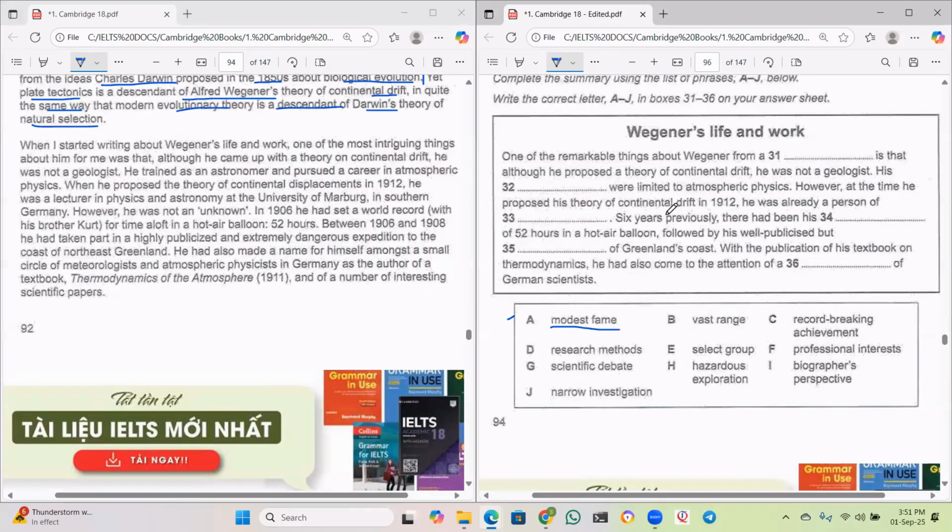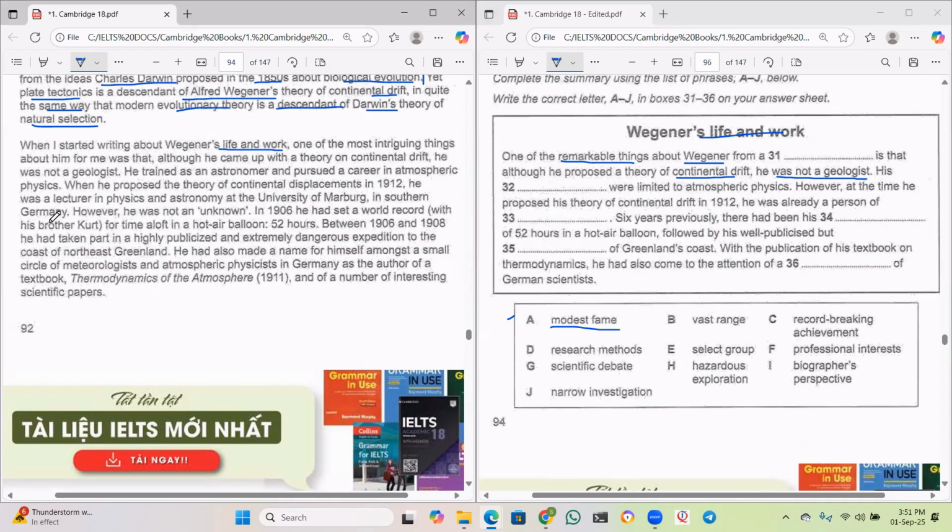Now, one of the remarkable things about Wegener from a dash is that although he proposed a theory of continental drift, he was not a geologist. Let us read this paragraph first. Maybe this is about Wegener's life and work, right? So here we can see Wegener's life and work. So maybe this paragraph actually has all the answers.